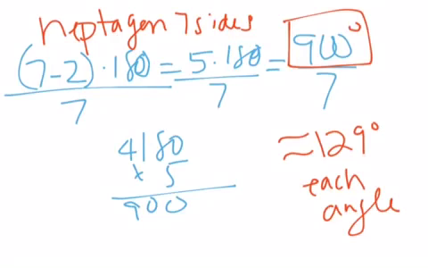This was a decimal, so this was approximate. But if you just multiply the number of sides minus 2 times 180, it'll give you that total number right there.